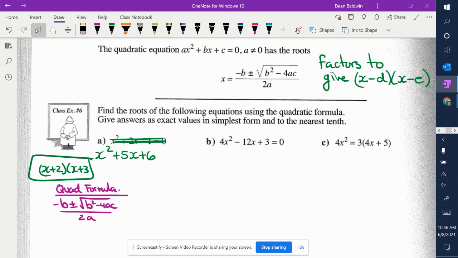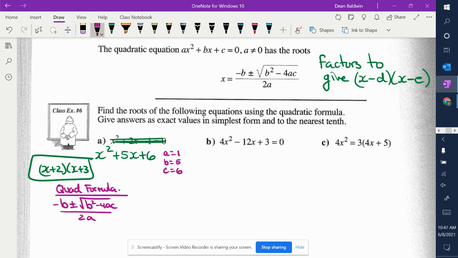A is the coefficient in front of the x squared. B is the coefficient in front of the x, and C is the last term or the constant term. So for this equation, what is my A value? 1. What's my B value? 5. And C is 6, the constant term.